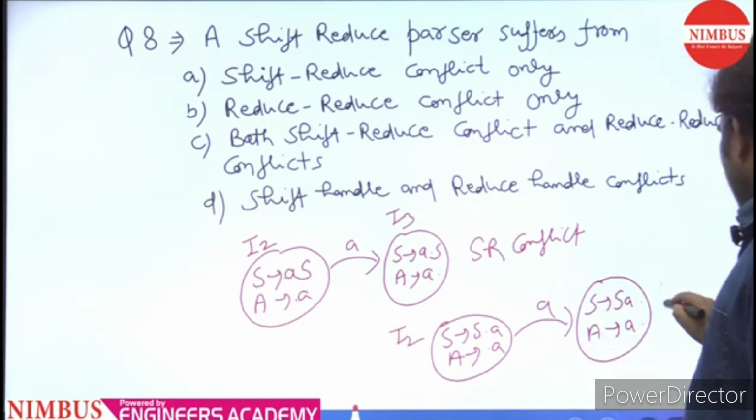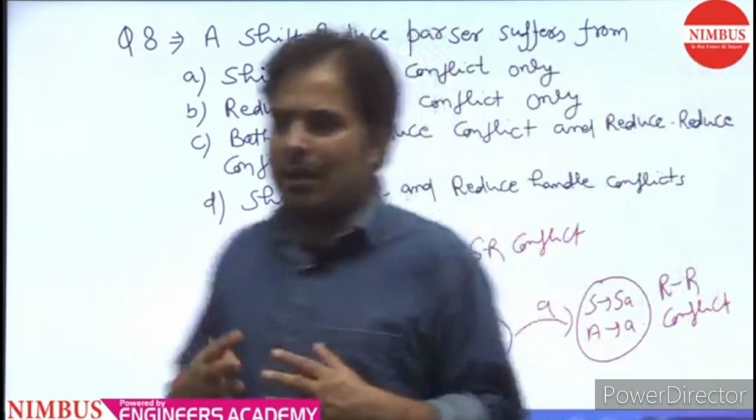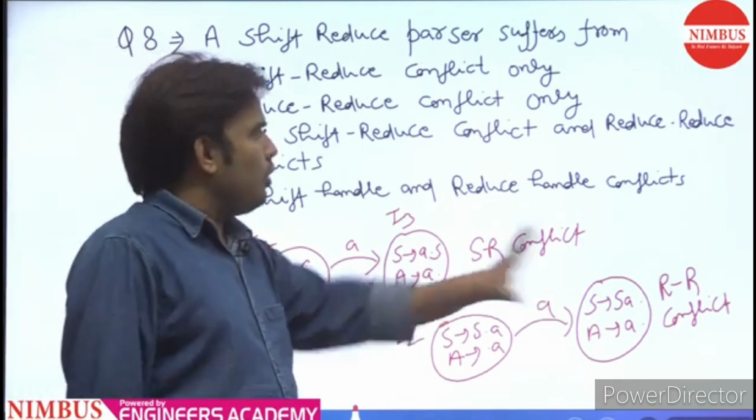So this is called RR, reduce reduce conflict. If you are getting that type of conflict during the calculation of canonical set of items, so these are the concepts.